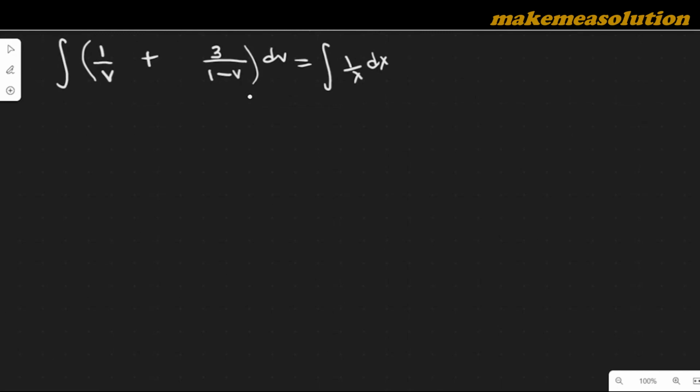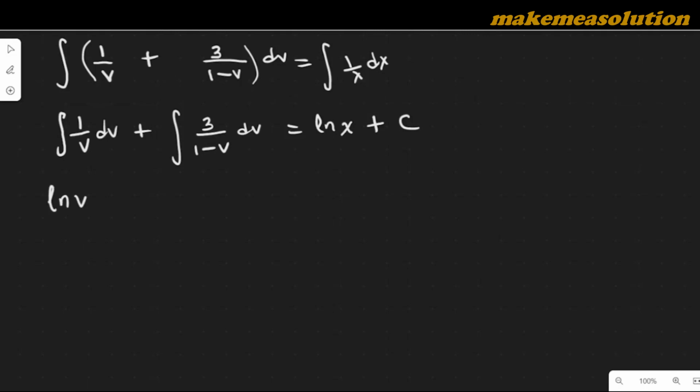I'm going to distribute the integrals. So in distributing the integral, I have the integral of 1 over v dv plus the integral of 3 over 1 minus v dv. And this one just evaluates to ln x plus a constant of integration. So the left hand side, I'll have ln v plus 3 times the integral of 1 over 1 minus v dv is equal to ln x plus c.